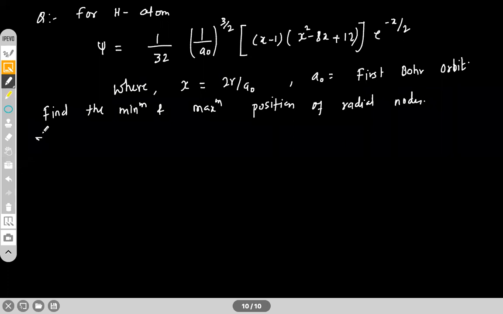Okay, let me explain the question first of all. You see, psi is given in terms of x, and x is a function of r. r is the distance from the nucleus, right? We have this relation given for psi and r, and the graphs that we draw come from this kind of relation only. If we do not have this relation, we cannot draw the graph.